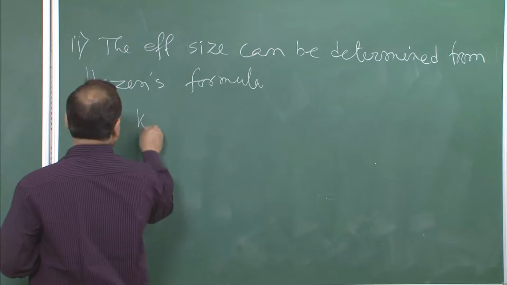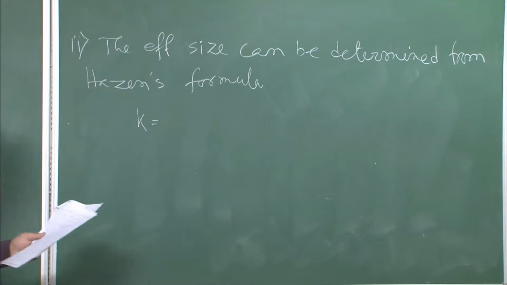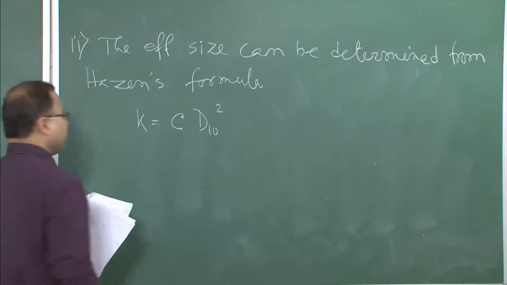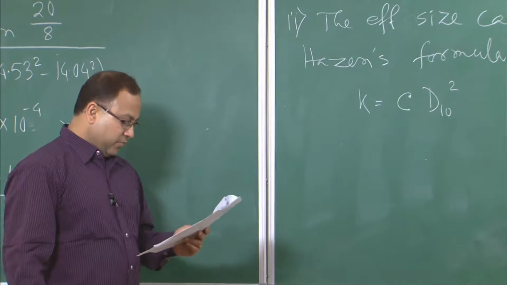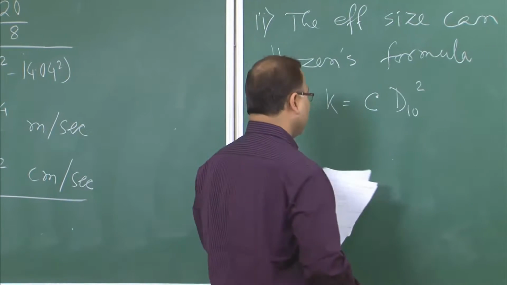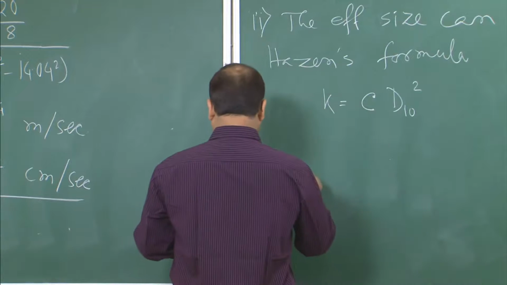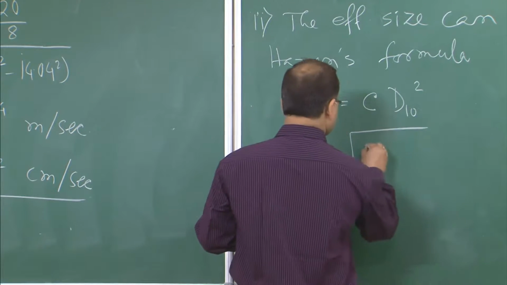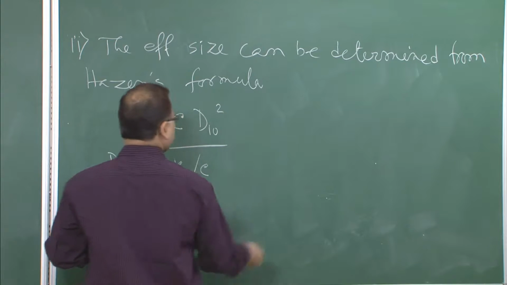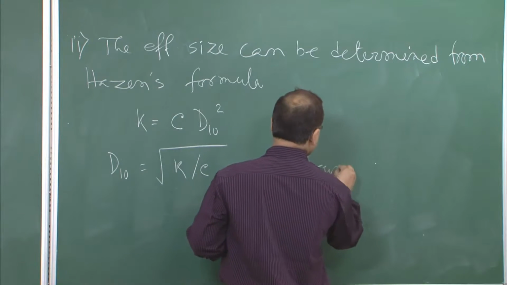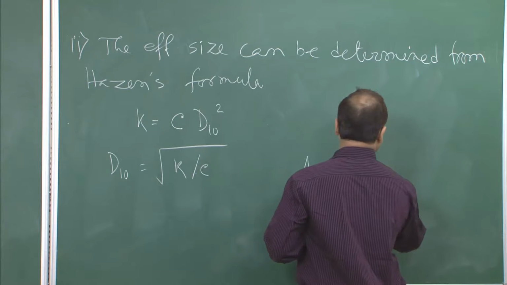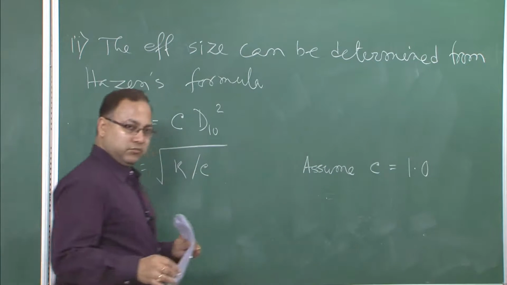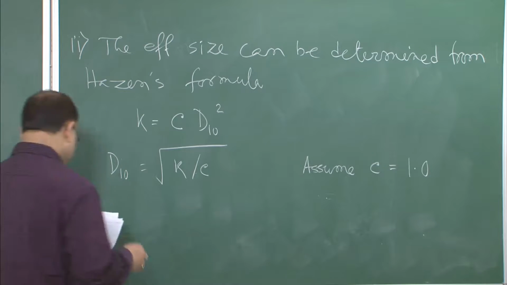Hazen's formula was given as k equals C, some constant, into d10 square, where k is in centimeter per second and d10 will be calculated in millimeter. So, your d10 is nothing but root over k by C. If you recall, C was varying from 1 to 1.5. So, we are considering C as 1, for example.